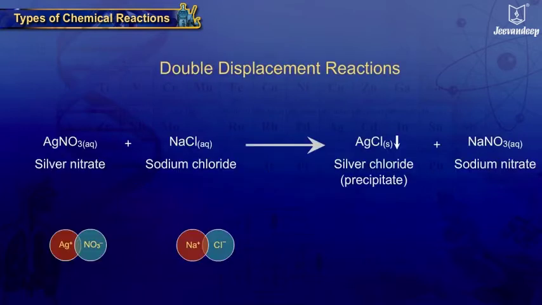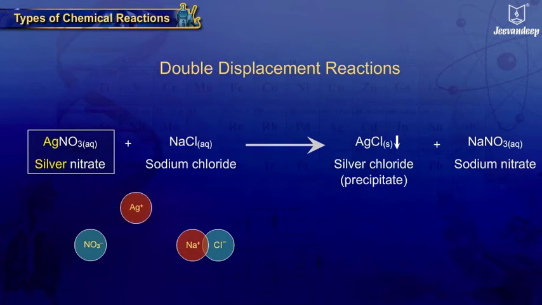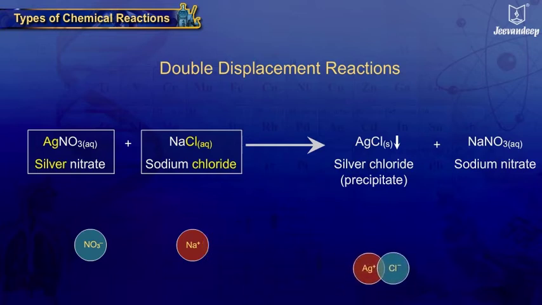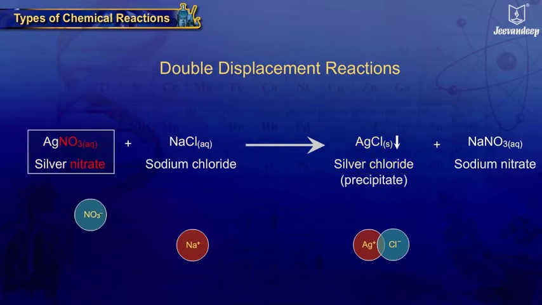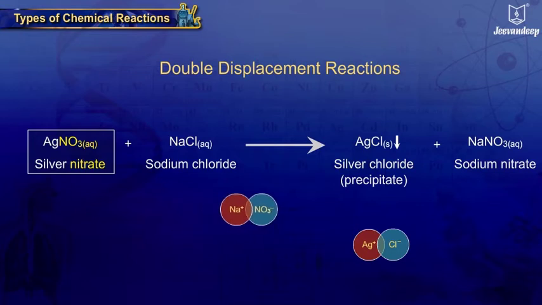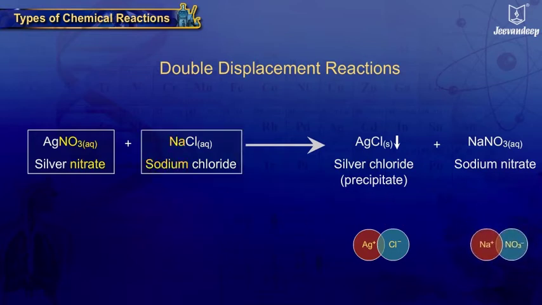Here we see that positive ion of first reactant, that is, silver, combines with negative ion of second reactant, that is, chloride, giving silver chloride, and negative ion of first reactant combines with positive ion of second reactant.